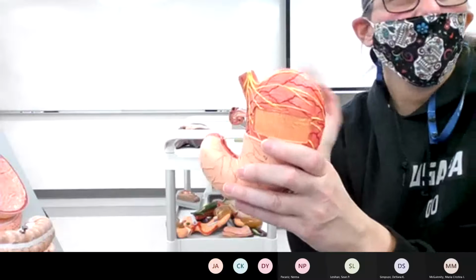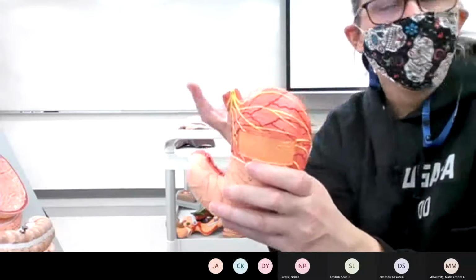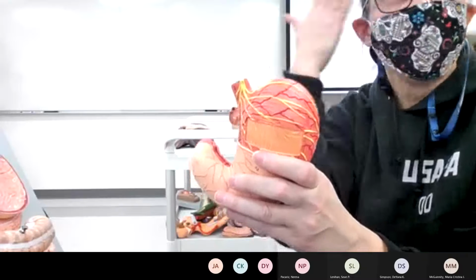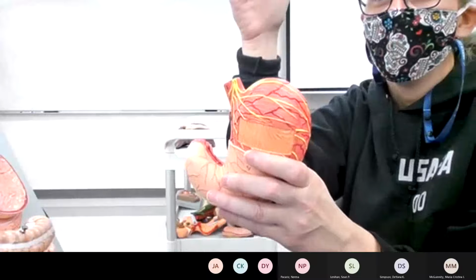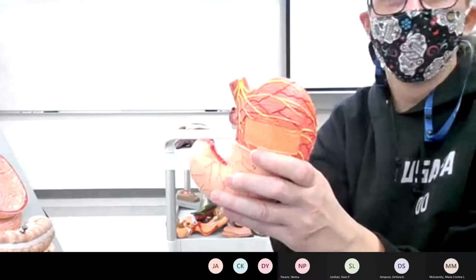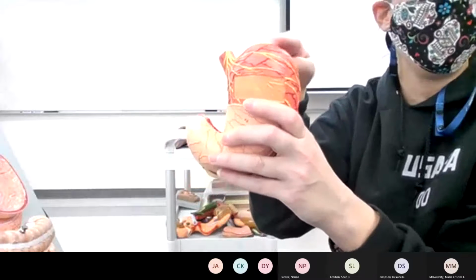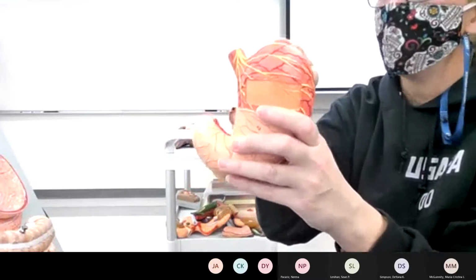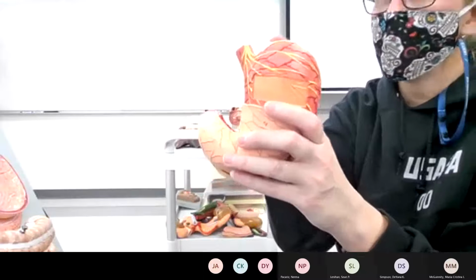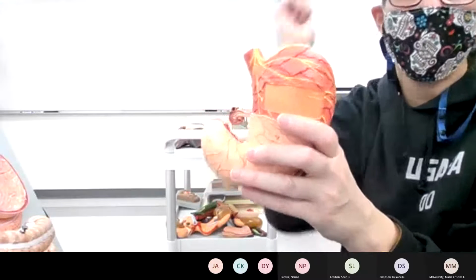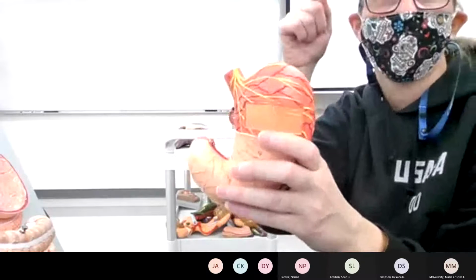And ghrelin's been a lot in the news lately, like with leptin. It's one of these hormones that we know has a big role in telling your brain you're full or telling your brain you're empty. And so if you think about it, if food starts to accumulate all the way up here, you're probably really full. So you would want hormones up here to be sensitive to, we're really full, tell the brain to stop letting food in the mouth. Okay?